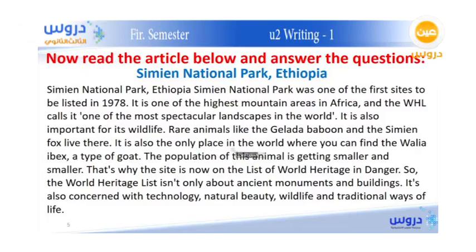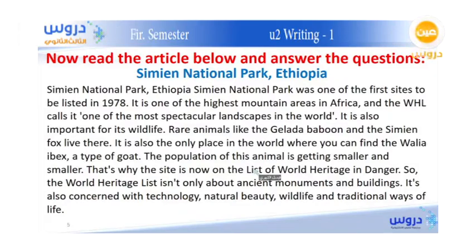It's also the only place in the world where you can find the Walia ibex, a type of goat. The population of this animal is getting smaller and smaller. That's why the site is now on the list of World Heritage in danger. So the World Heritage list isn't only about ancient monuments and buildings, it's also concerned with the technology, natural beauty, wildlife, and traditional ways of life.